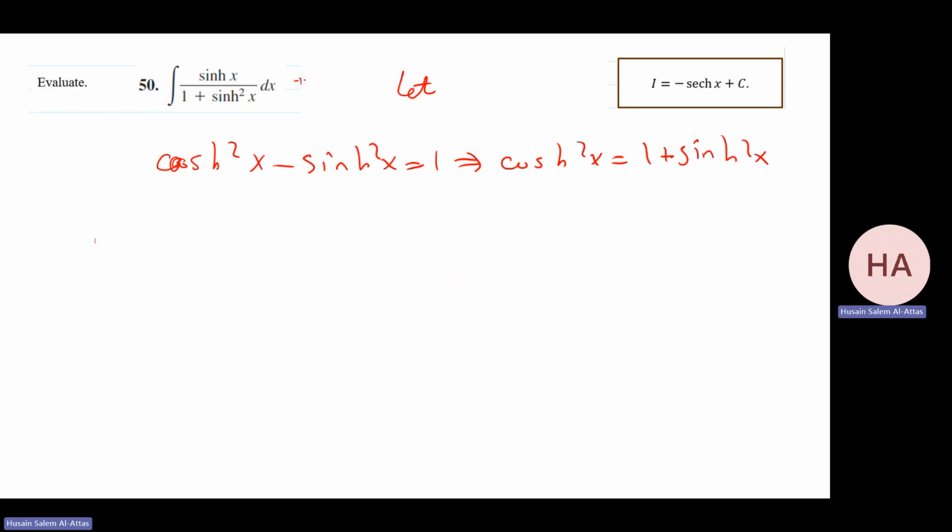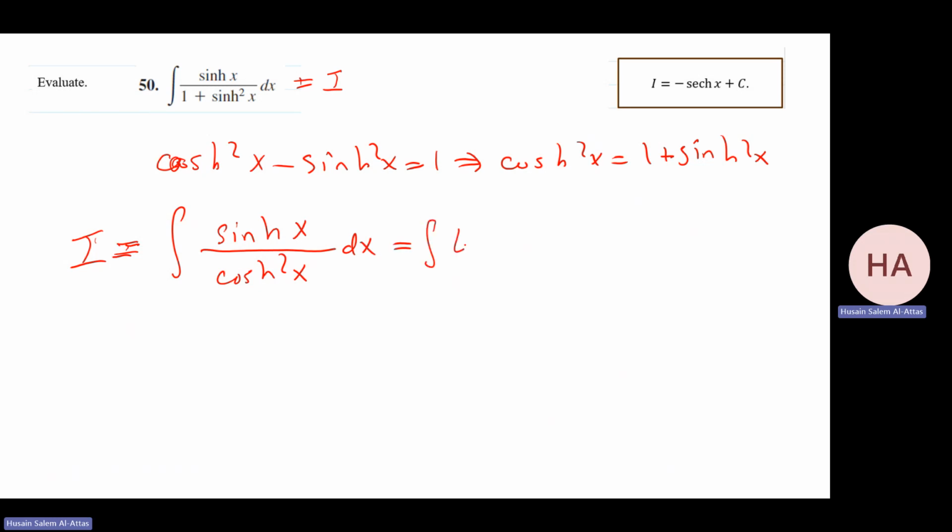So this integral, call it I, will be the integral of sine hyperbolic x over cosine hyperbolic x dx. In other words, let me just do it in more steps.